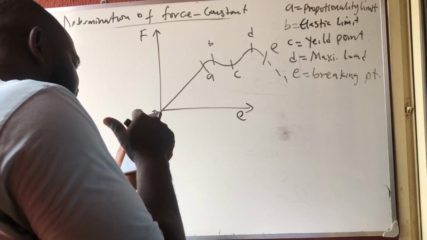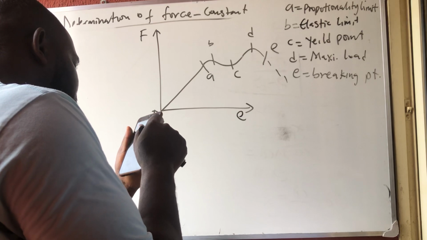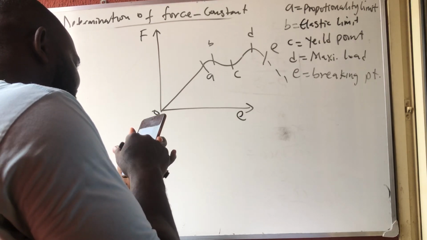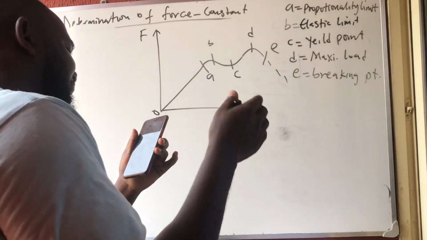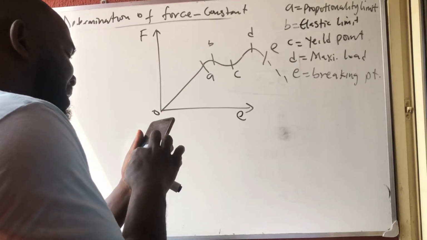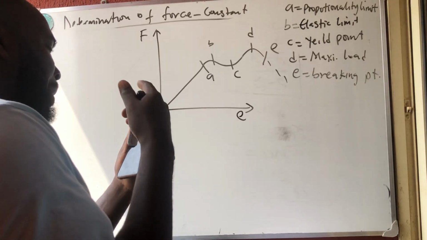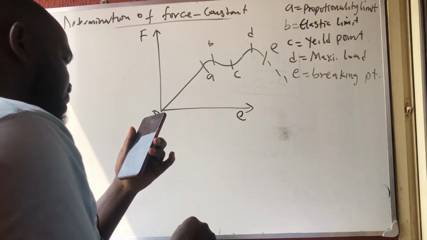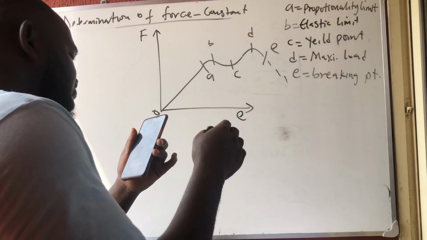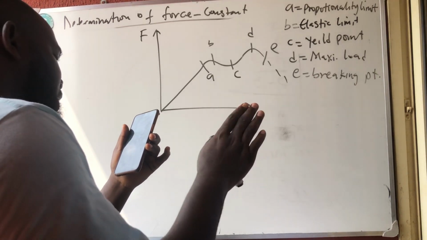At yield point, the elastic material will not return to its original shape and size, so the material is said to be plastic. When an elastic material can no longer return to its original shape and size, we call that a plastic material. At this point, the energy stored in an elastic material cannot be regained.